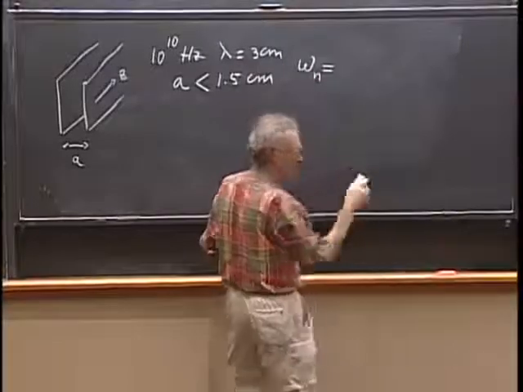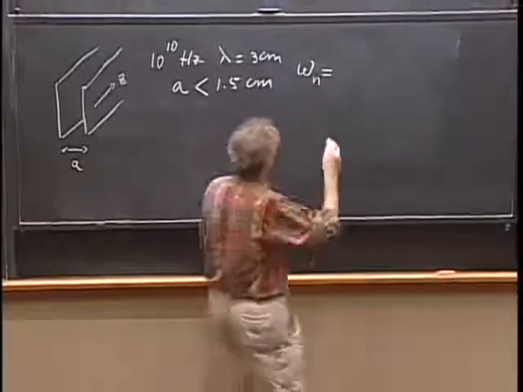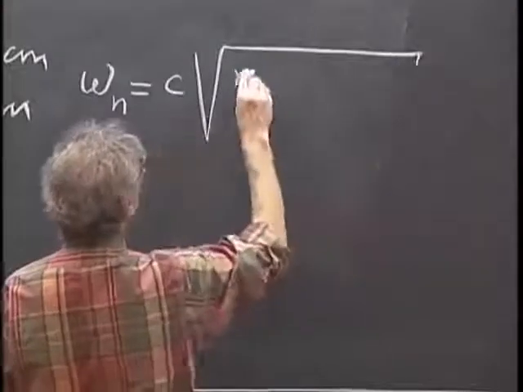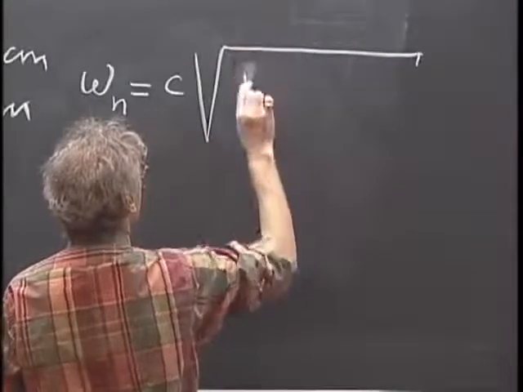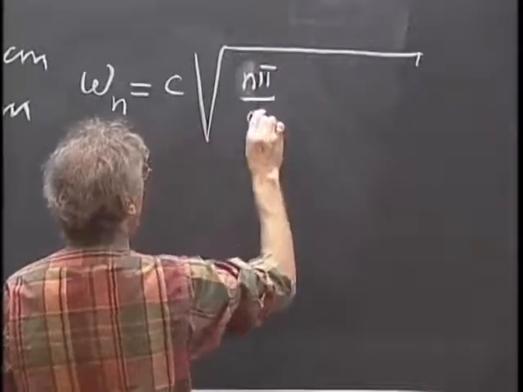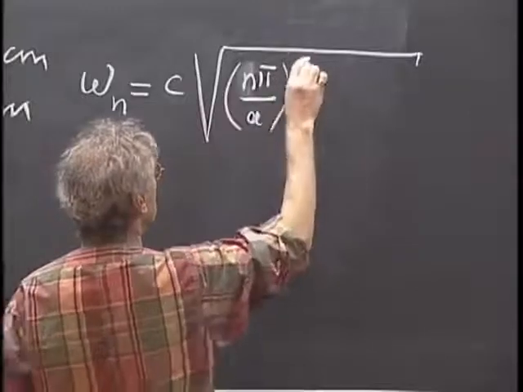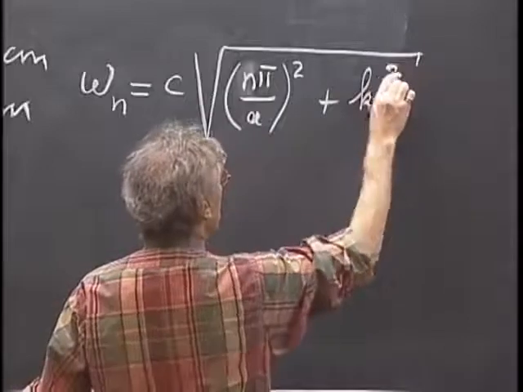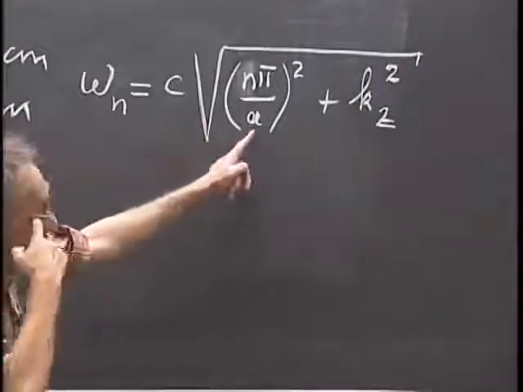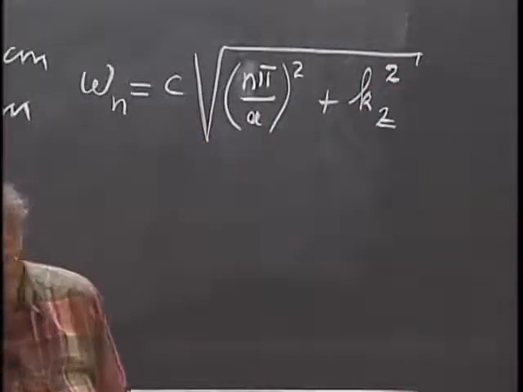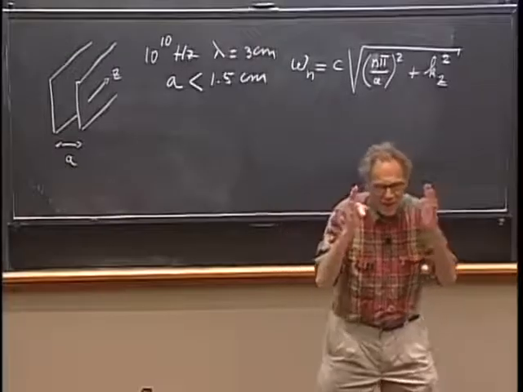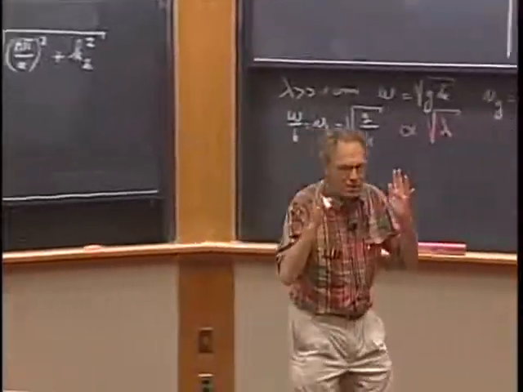Omega n, whereby n equals 1, 2, 3, 4, 5, equals c times the square root of n pi divided by a squared plus k of z squared. Let's first look at this term. Even though you don't see directly where it comes from, you can connect to it already. It has to do with boundary conditions.